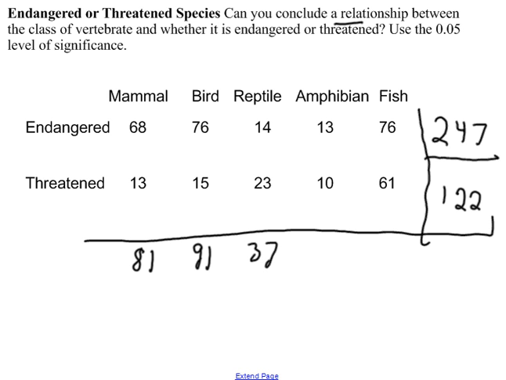And then 23. And the last one, 137. And then the grand total here, 369. So those are the values that you have to use in order to find your expected values.